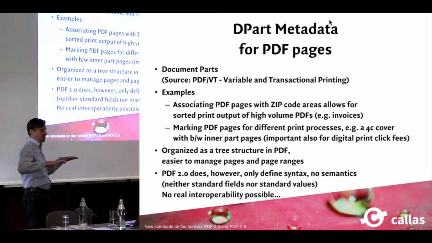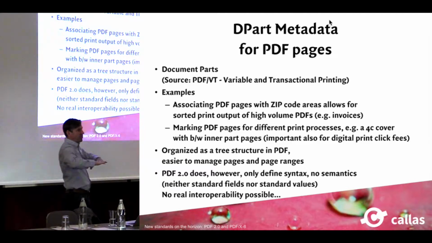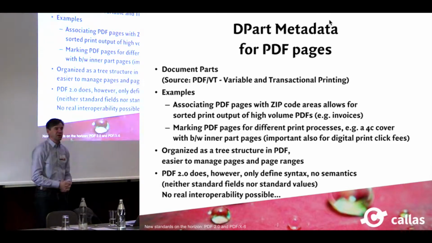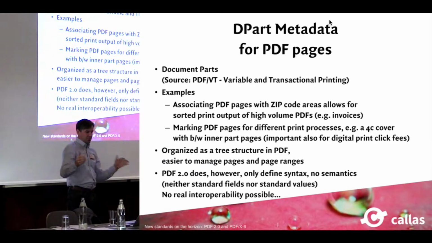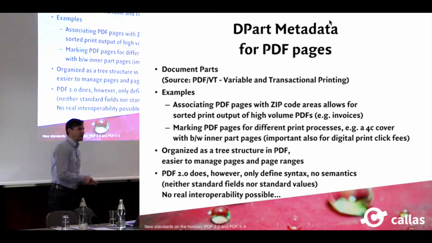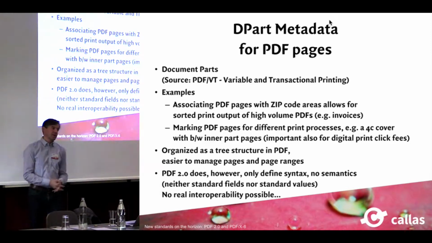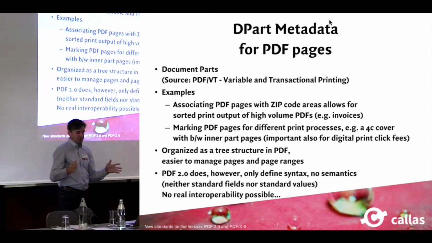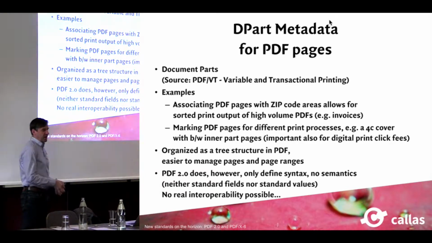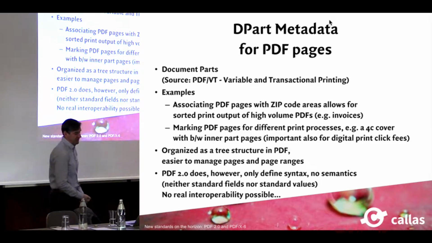Then you have the problem that you want information in your PDF file about the zip code for each invoice, so that you can sort the print output or maybe sort the PDF pages before they are printed in zip code order, so that you can then send the sorted printed output to your mail service provider and get a better fee from them.